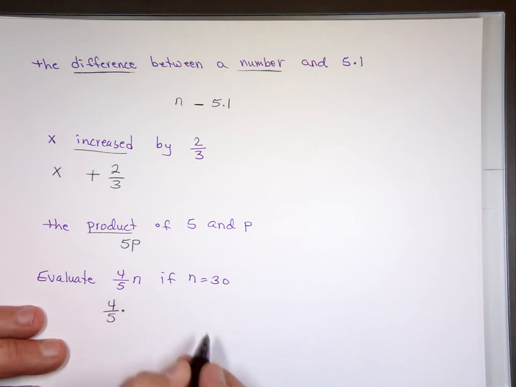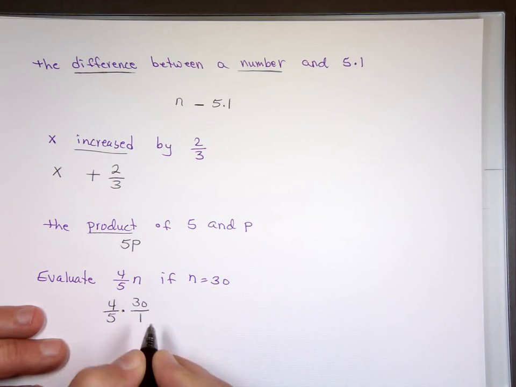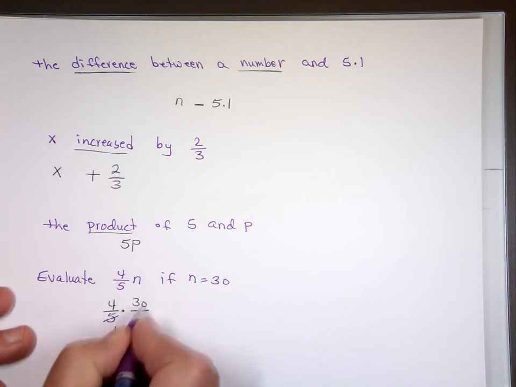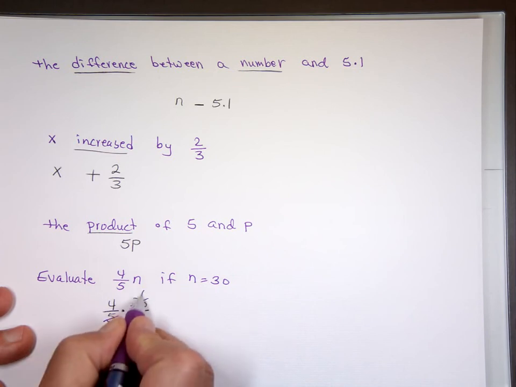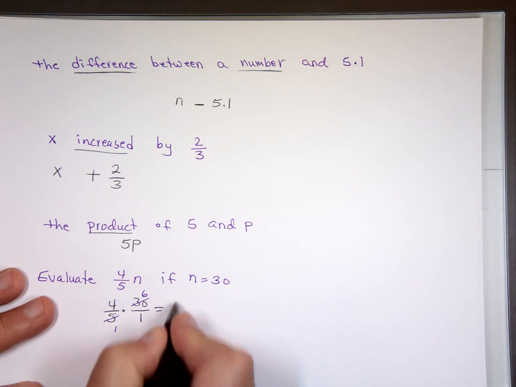That's 30 over what? 1. Do you want to simplify first and multiply? If you opted to do it that direction, by 5 this is 1, by 5 this is what? 6. What's 4 times 6? 24 over 1, which is what? 24.